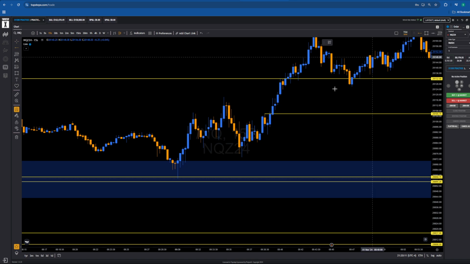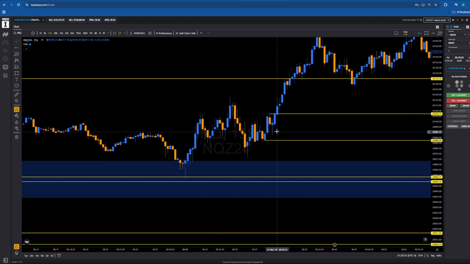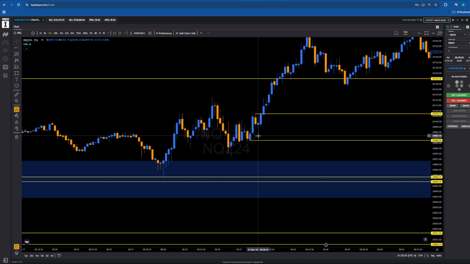and my stop loss was based on below this fair value gap, and then the low of this candle. Basically, the first candle of the fair value gap, that was my stop loss, because the morning market is really volatile.